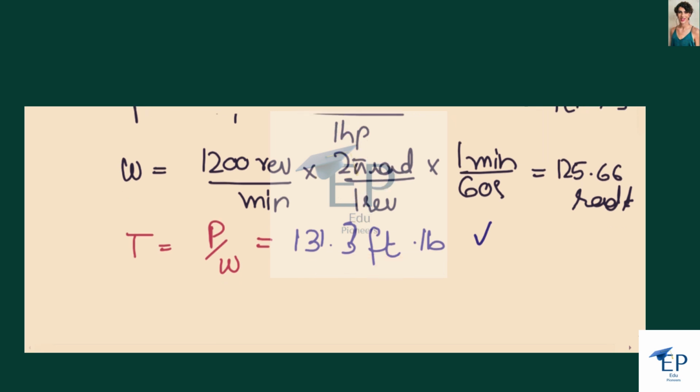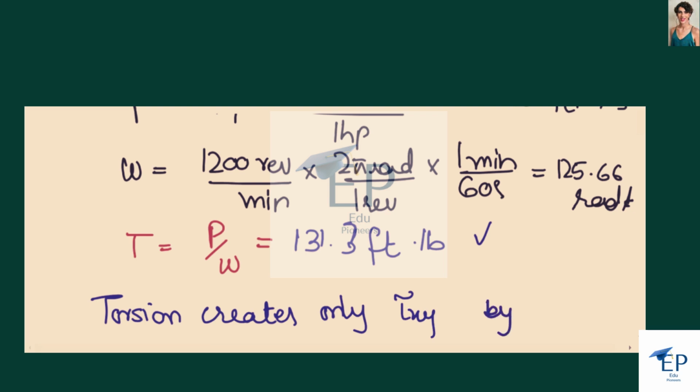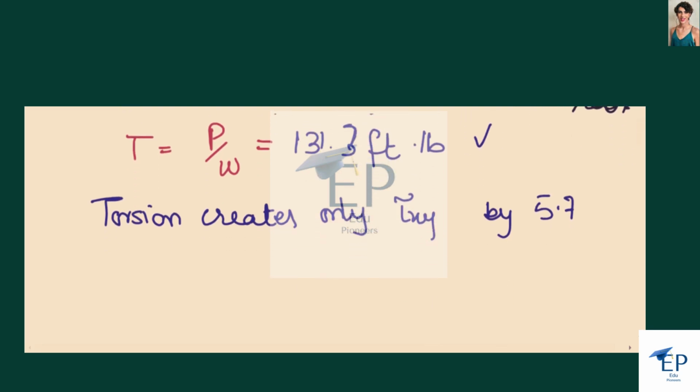Now moving forward, in chapter number 5 we saw that torsion creates only shear stress, and it can be found by equation 5.7. Because we are interested in the maximum value, the shear stress is equal to Tc divided by J. Now for a circular cross-section, J is equal to pi by 2 c raised to power 4.